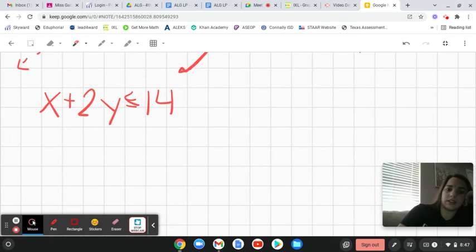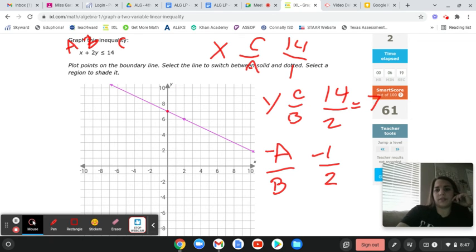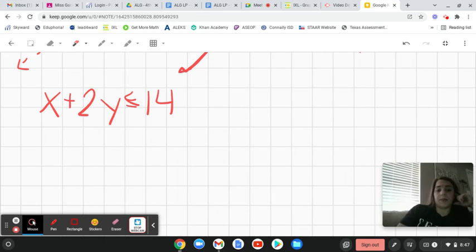Let's just check. Yes, that is what it said. If we test a coordinate, the origin is probably the easiest. It's 0, 0.